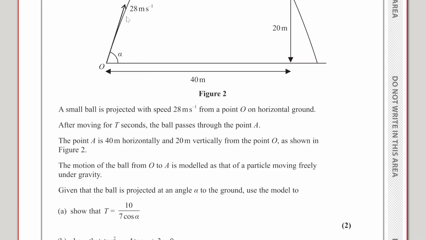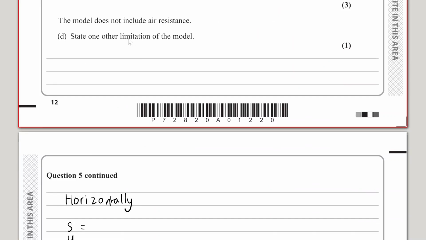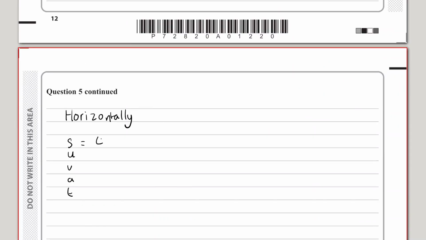So S is 40, U is 28 cos alpha. We don't know the final velocity. We know the acceleration horizontally is nothing, and t is t. That's what we're working out. But it'll be the same for the vertical part.